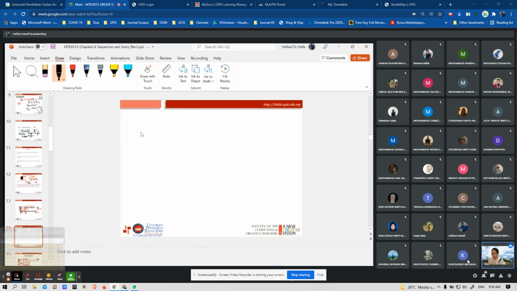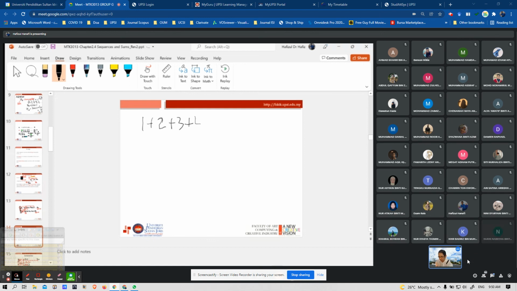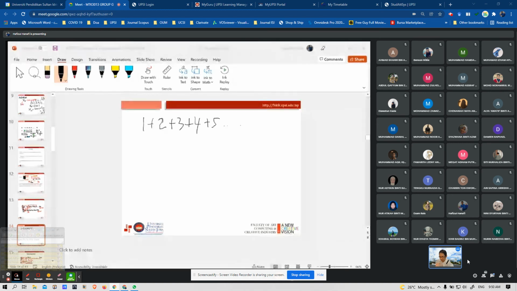We have 1 plus 2 plus 3 plus 4 plus 5, up to plus 9 plus 10. To find the sum of the first 100 numbers is very difficult.